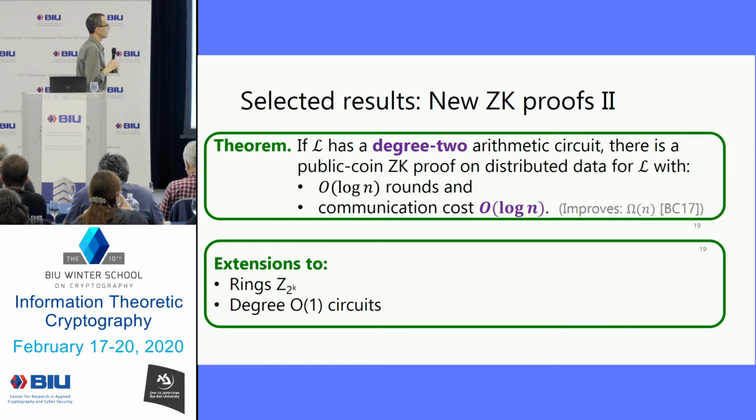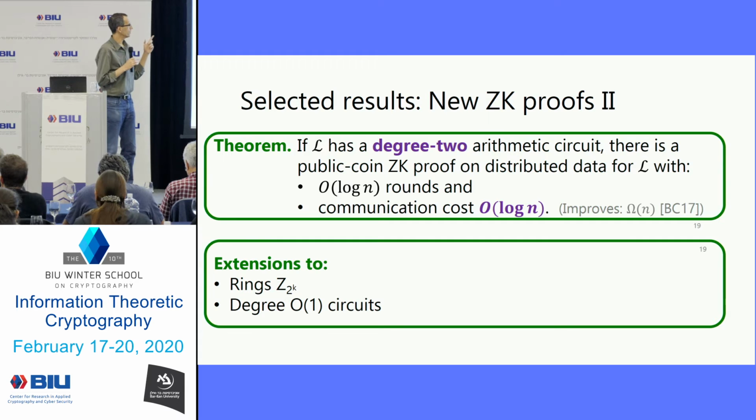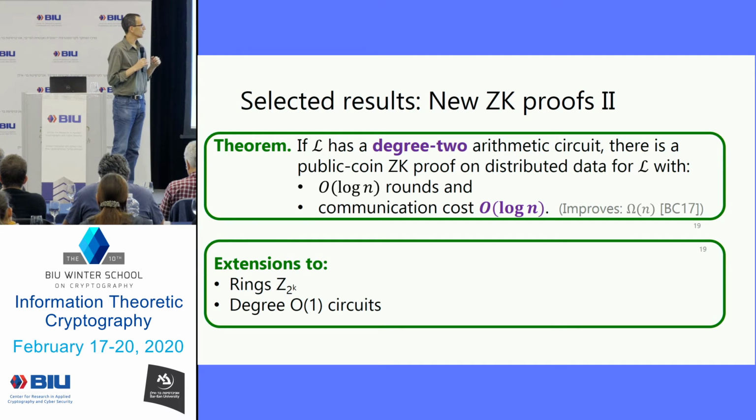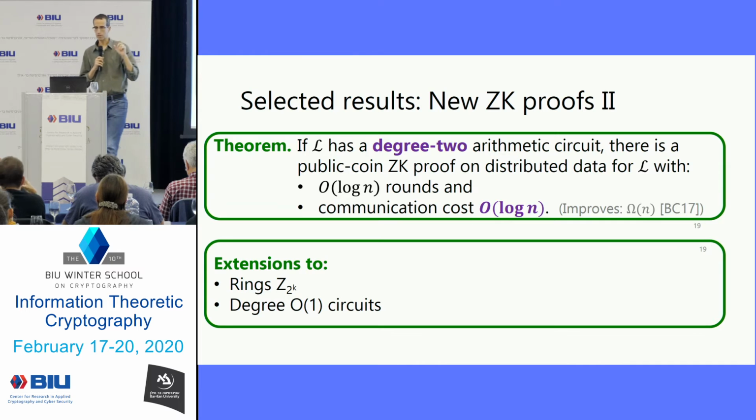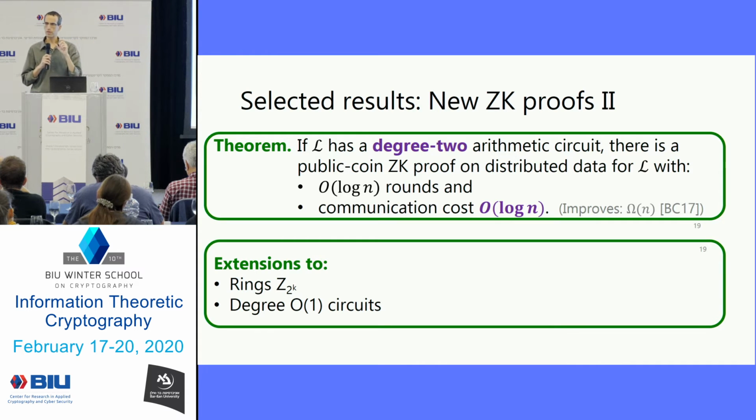Okay, that was for a constant number of rounds, for 2 rounds. Here, using log n rounds, not for any circuit, but if L has a degree 2 arithmetic circuit, which is going to be our main focus of interest.